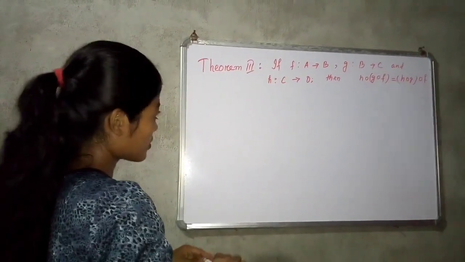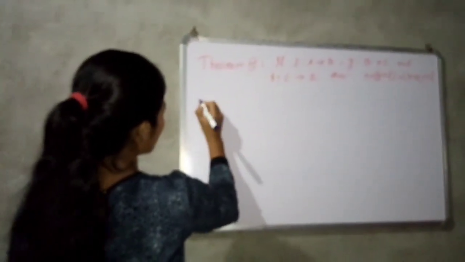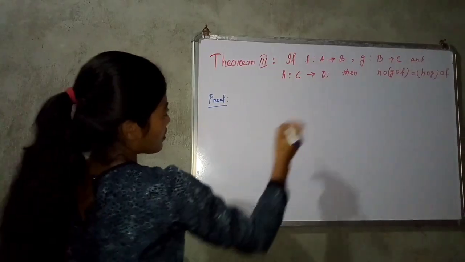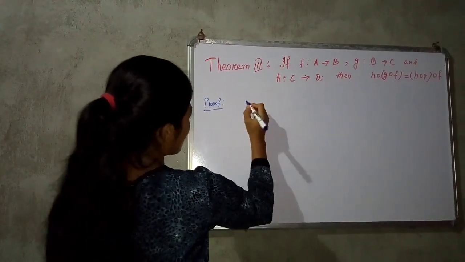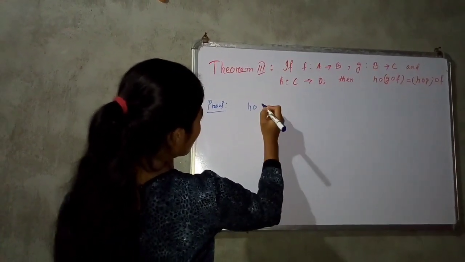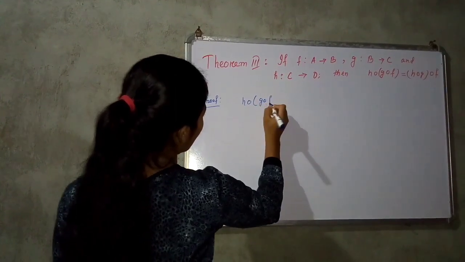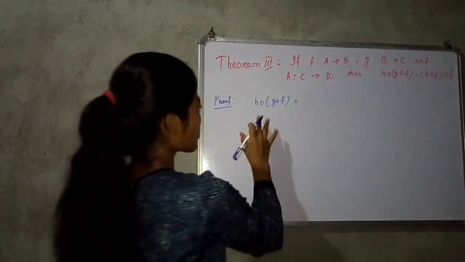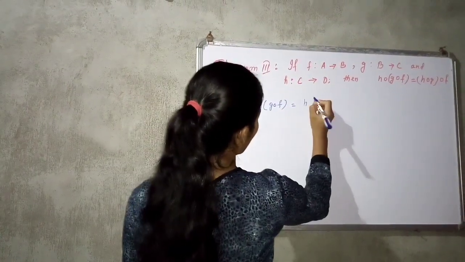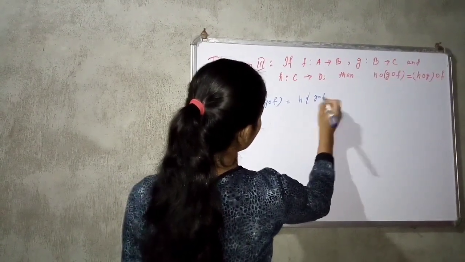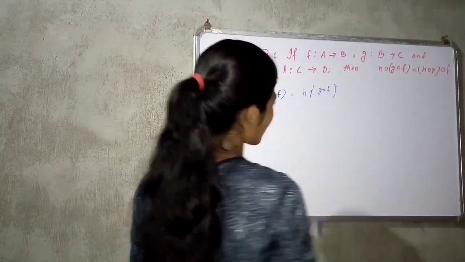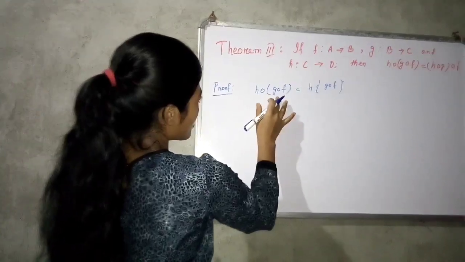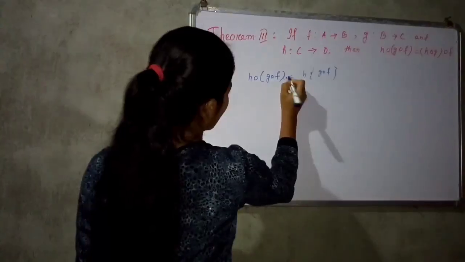So the proof goes: we take the left hand side first, h naught g naught f. By definition of composite function, we get h of g naught f. Suppose we take h naught of g naught of f of an element x.